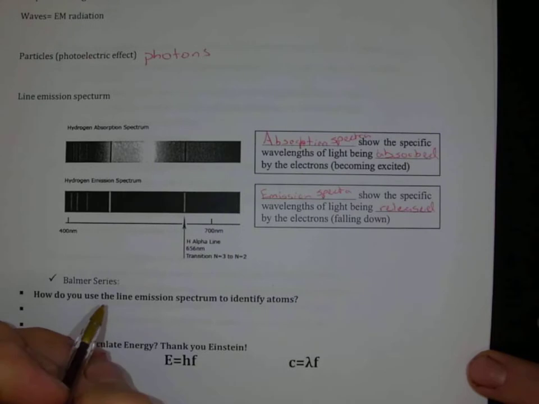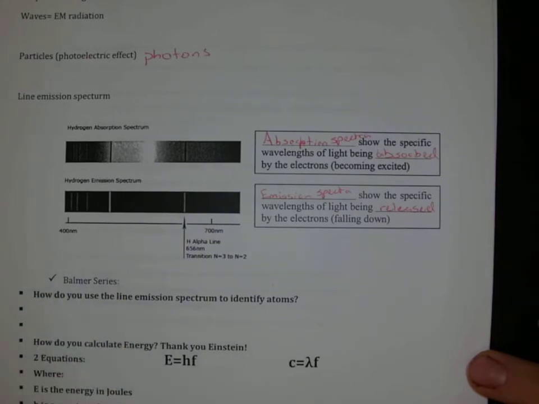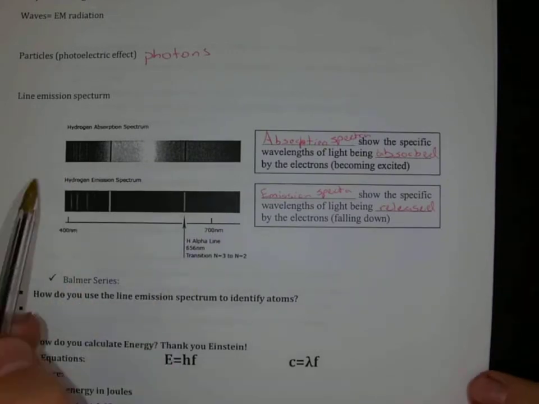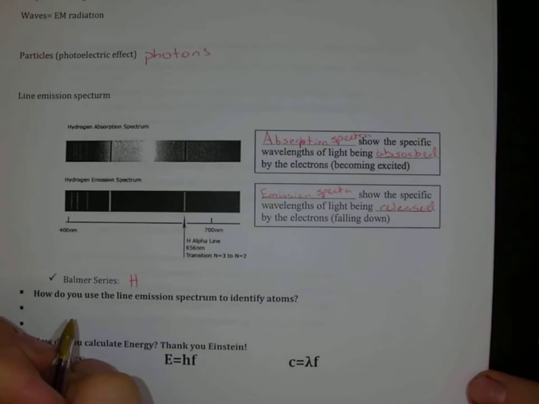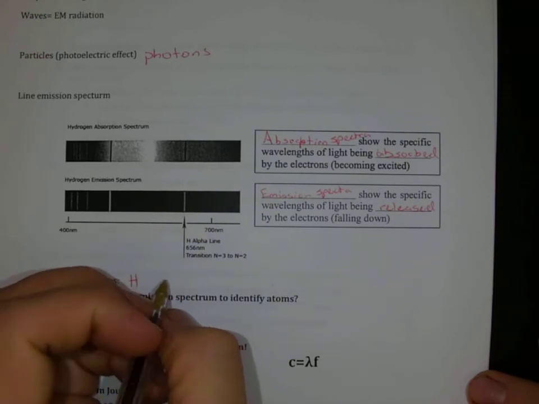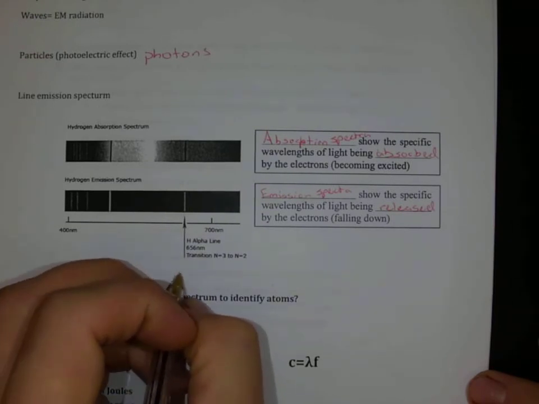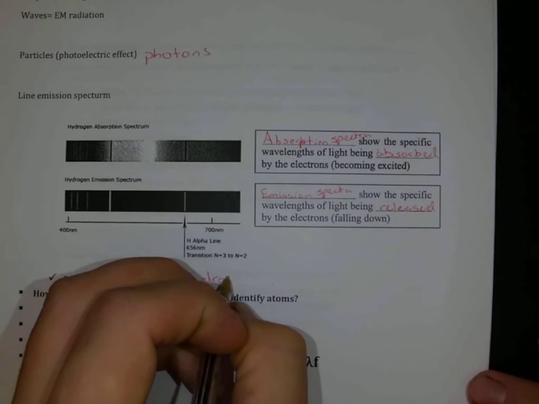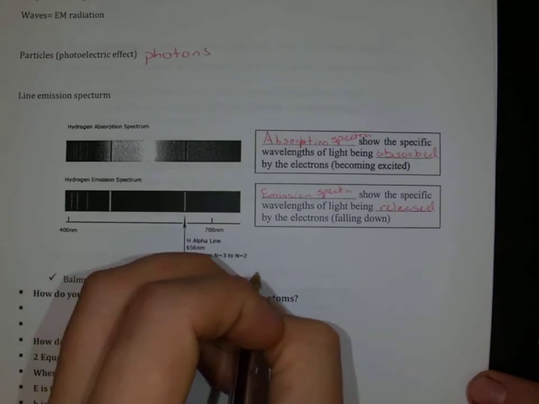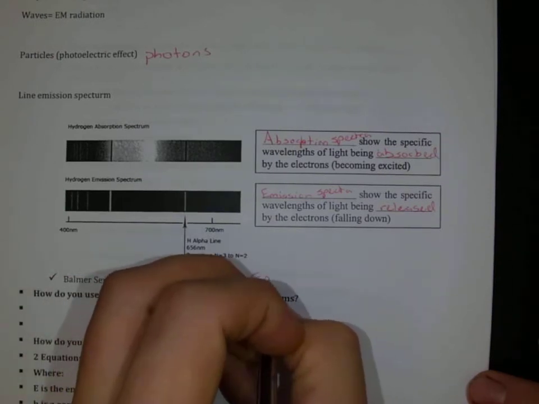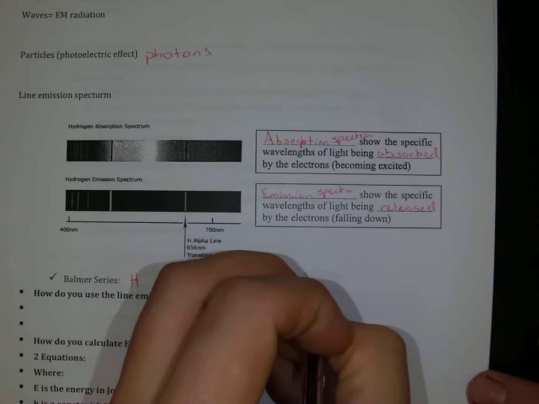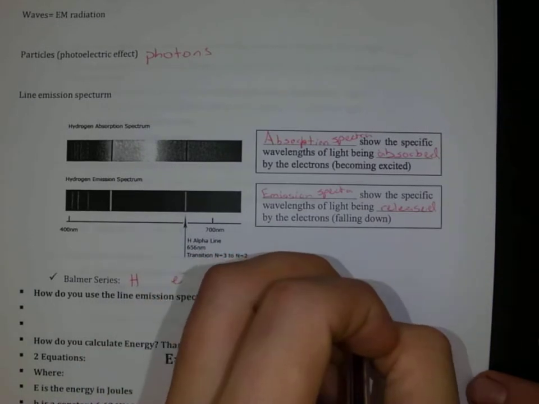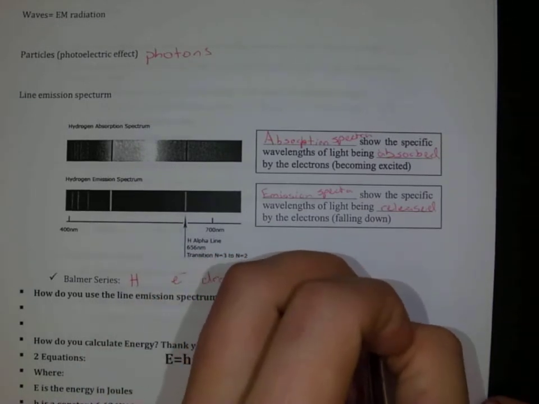All right, so the Balmer series, this is a specific type of electrons jumping, and it relates to our hydrogen emission spectra. It has to do with hydrogen, and what happens is that when an electron drops energy, it's going to drop energy levels down to the second energy level.